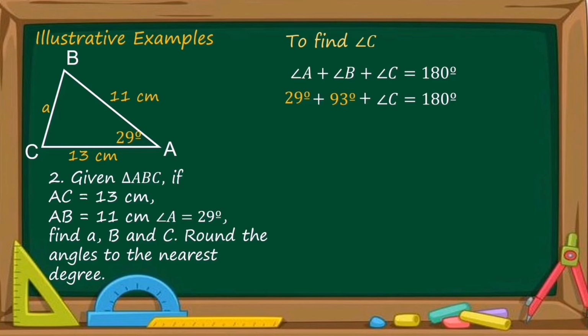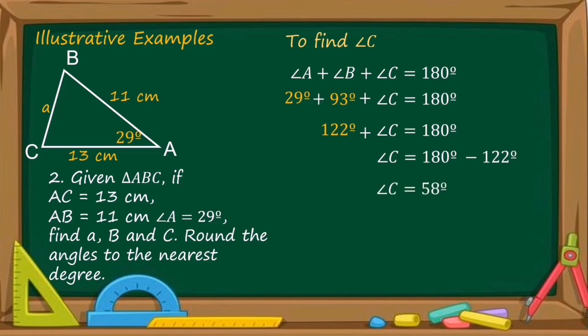Get the sum of angle A and angle B, that is equal to 122 degrees, plus angle C is equal to 180 degrees. By addition property of equality, it will become angle C is equal to 180 degrees minus 122 degrees. Finally, angle C is 58 degrees.